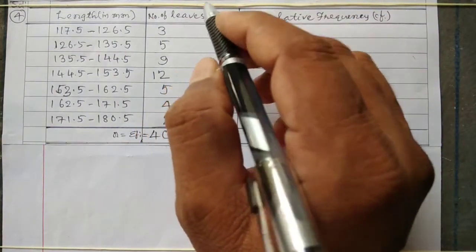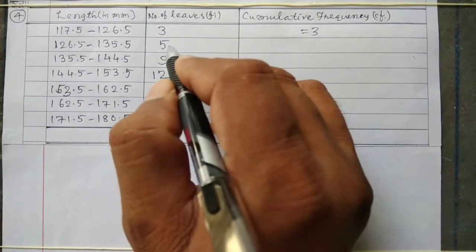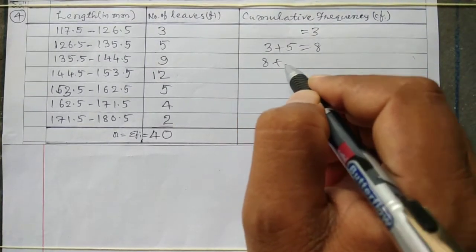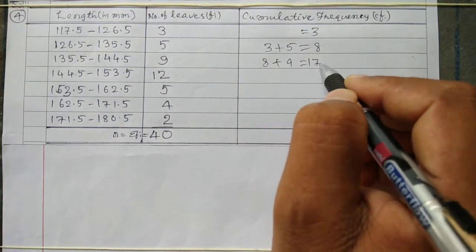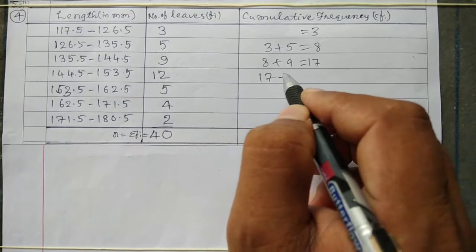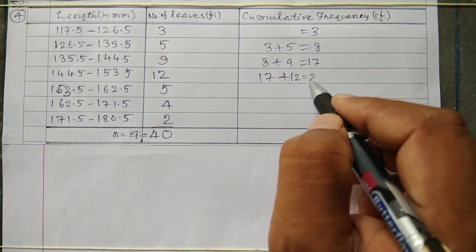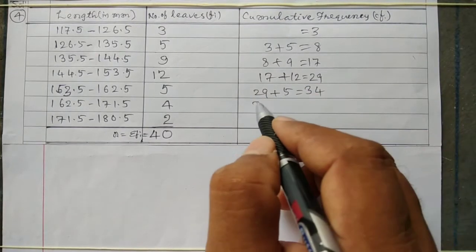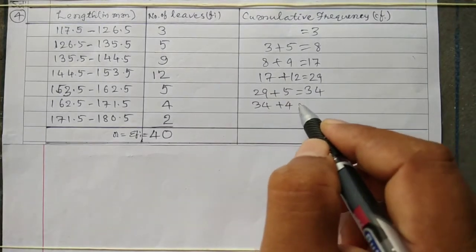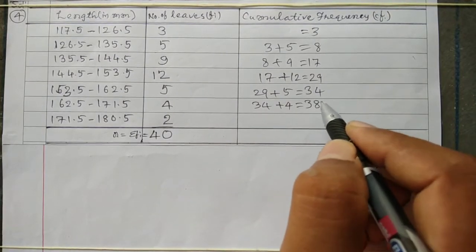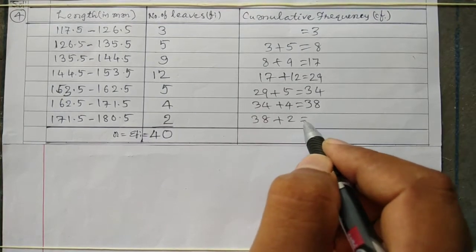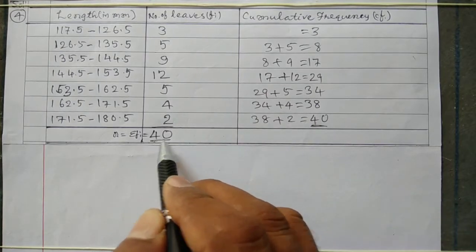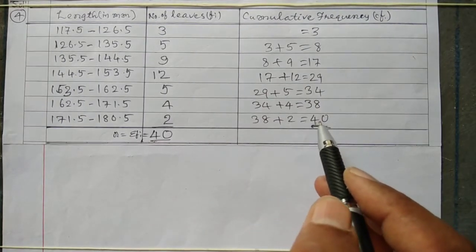Cumulative frequency: 3, then 3 plus 5 is 8, 8 plus 9 is 17, 17 plus 12 is 29, 29 plus 5 is 34, 34 plus 4 is 38, 38 plus 2 is 40. This number must tally with the total. Okay, this is the correct process.